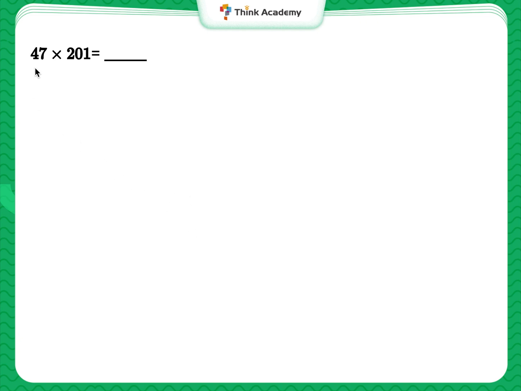So in this question here, we have 47 times 201. Basically, we just need to make use of the multiplication technique, by making use of the distributive law of multiplication, where we can split 201 into 200 plus 1. So now we are able to multiply 47 to each and every term within the brackets.